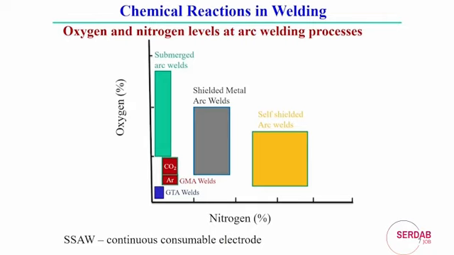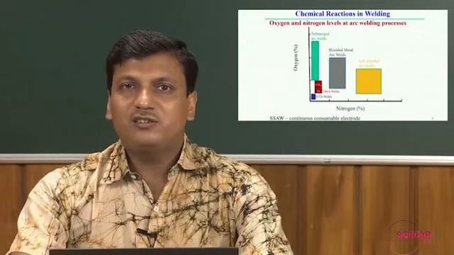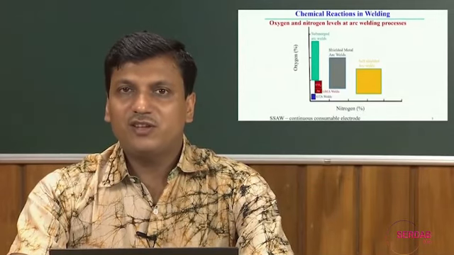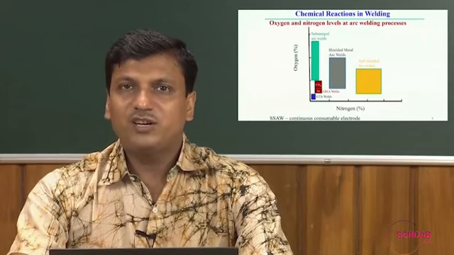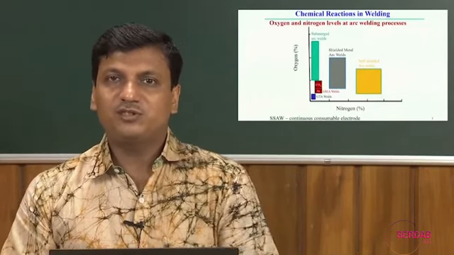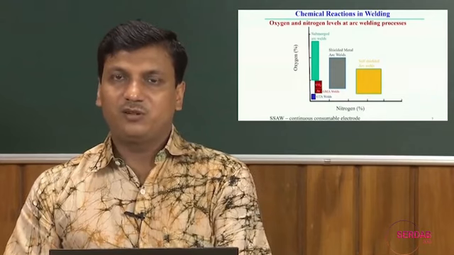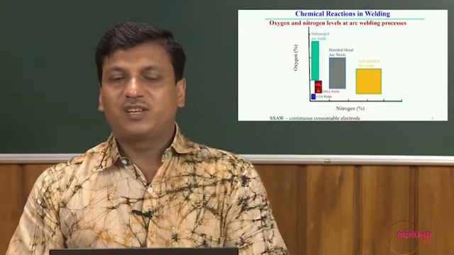But if you look into the self shielded arc welding process, it resembles gas metal arc welding in that it creates the arc similarly, with a continuous supply of electrode. It uses a coating on the electrode, and that protects the molten pool, but there is some small difference compared to the shielded metal arc welding process as well as the gas metal arc welding process.